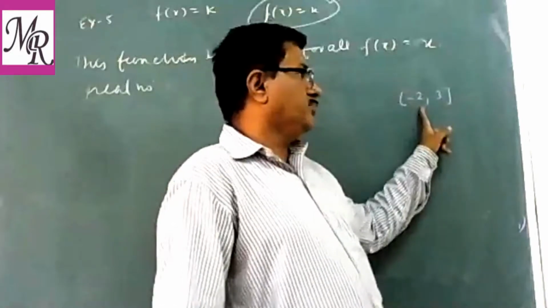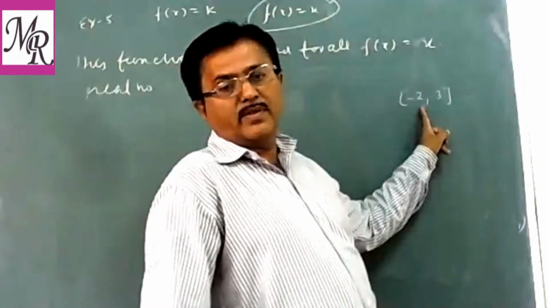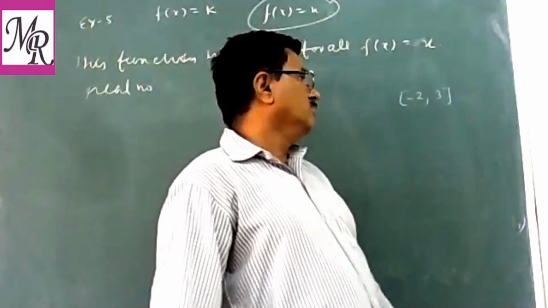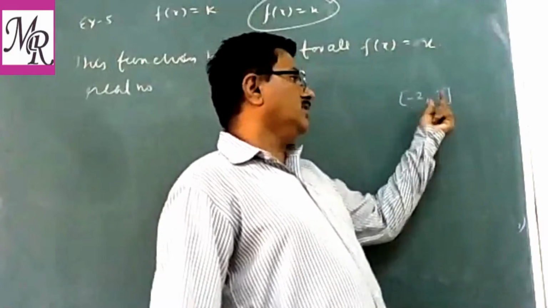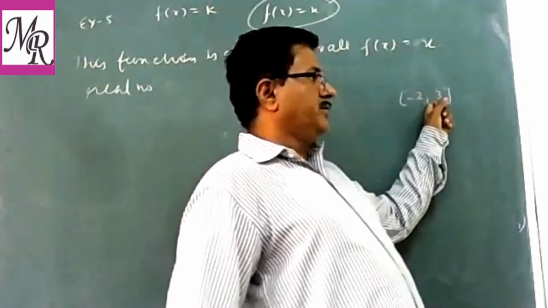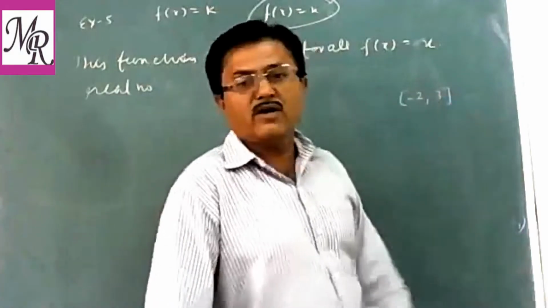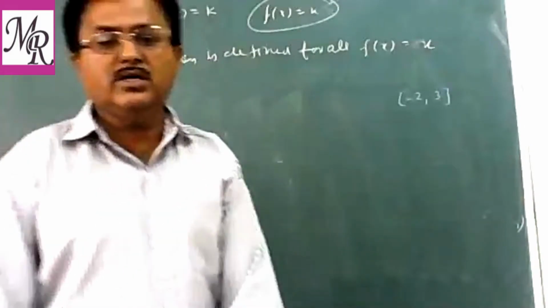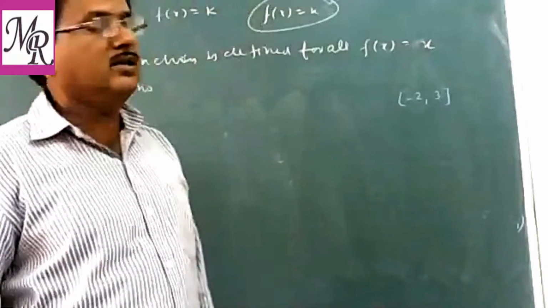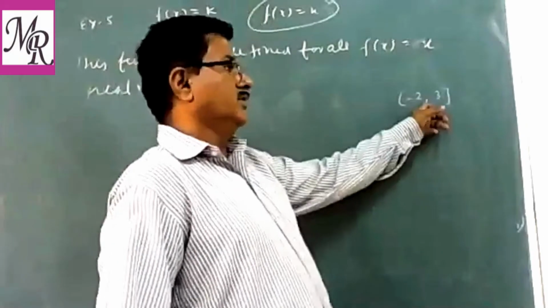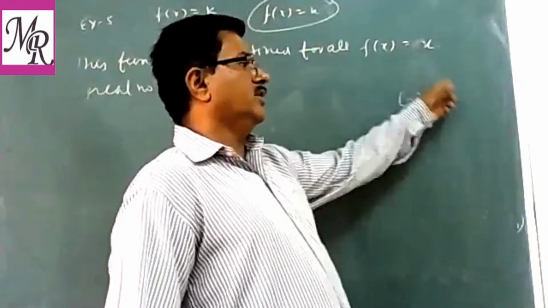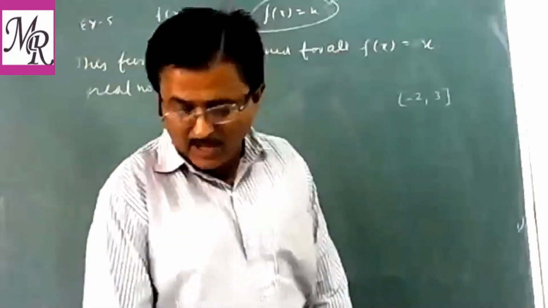इंटरवल के हर एक पॉइंट पे ये कंटिन्यूअस होगा. Then we can say this function is continuous, otherwise not. Means if there is at least one point in the interval at which the function is not continuous, then we can say the given function is not continuous. So to be continuous in the interval, it is continuous at every point of the interval.